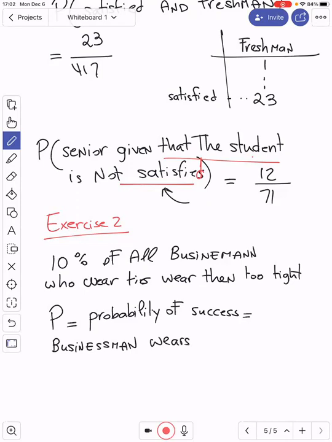So we know that because of this study, 10% of all businessmen who wear ties wear them too tight. So the probability of success here, that a businessman selected at random who wears a tie wears it too tight, is 10%. So this probability of success P is 10%.